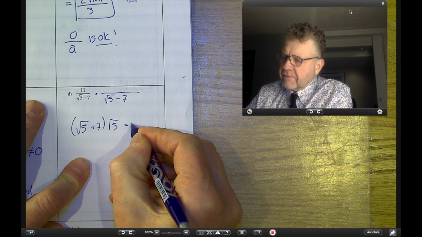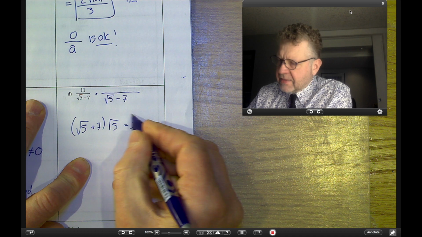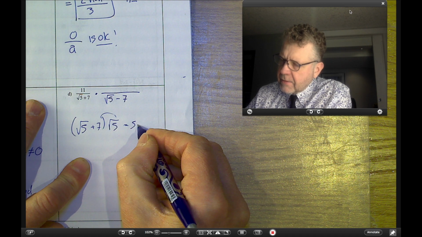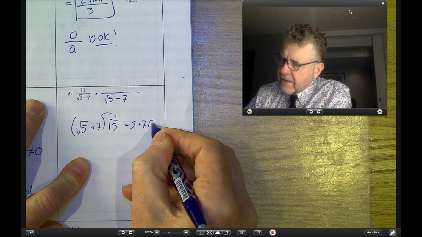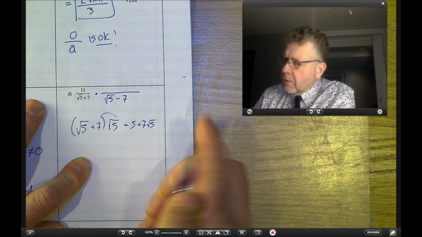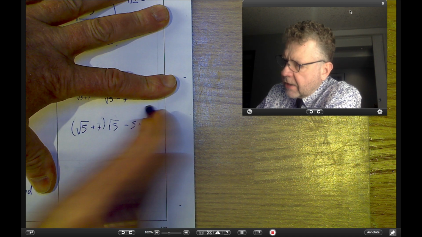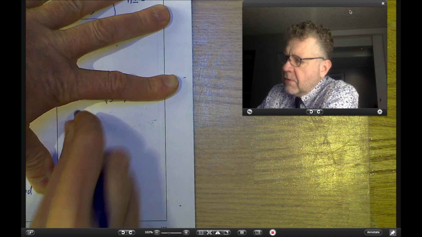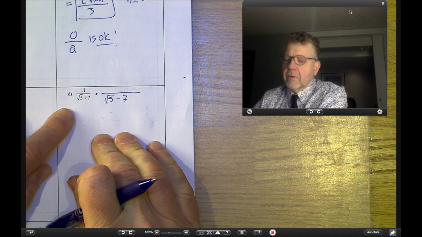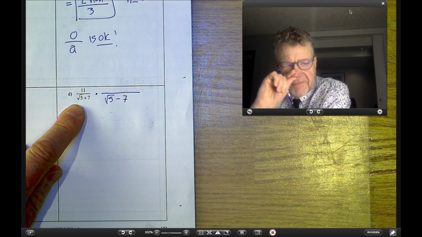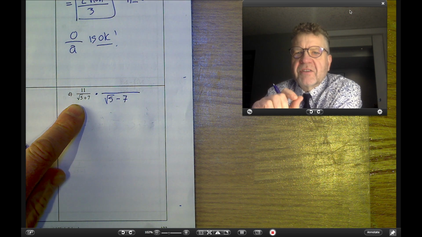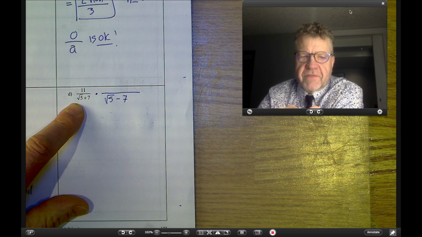I'm going to get 5. But then I'm also going to get 7 root 5. And it doesn't solve our problem. We still have a radical sign in the bottom. So this is not going to work. The only way to deal with this, if it's a root 5 plus 7, is to multiply it by its conjugate, which is root 5 minus 7.